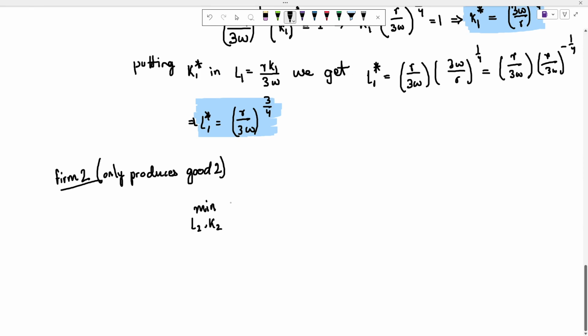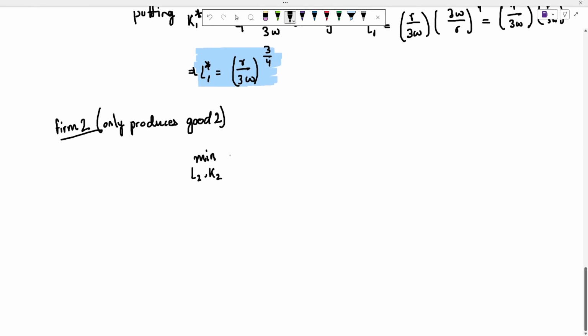They are going to minimize wage times labor 2 plus rent times capital 2, subject to F2 of L2, K2 being greater than or equal to 1.